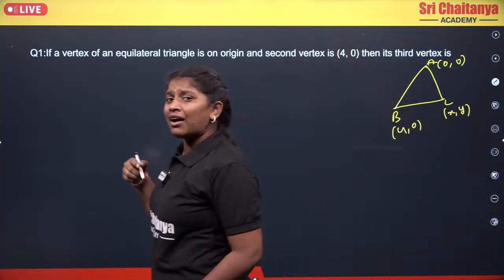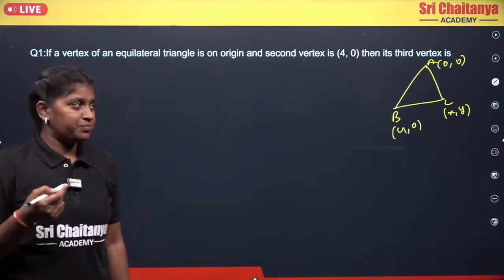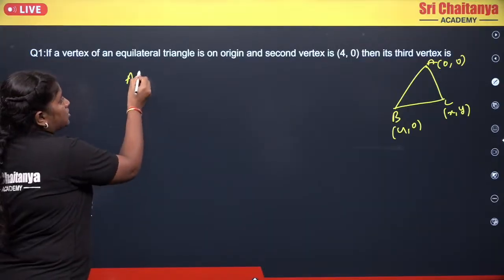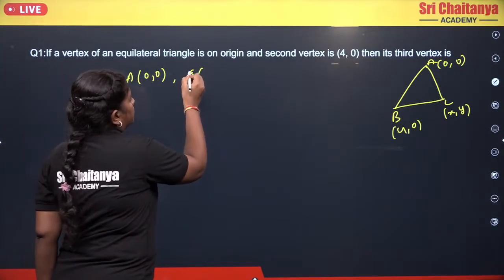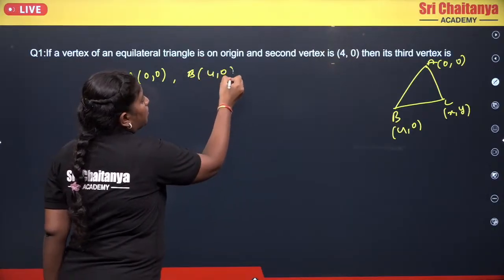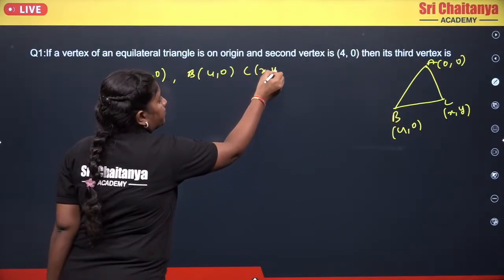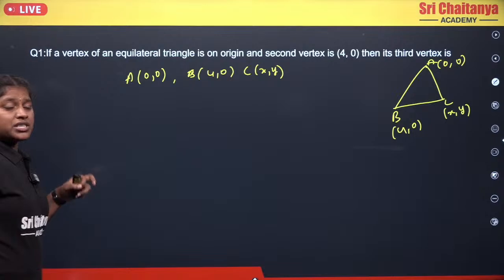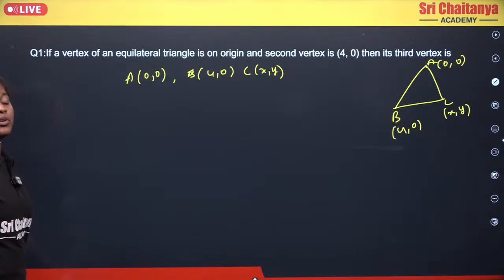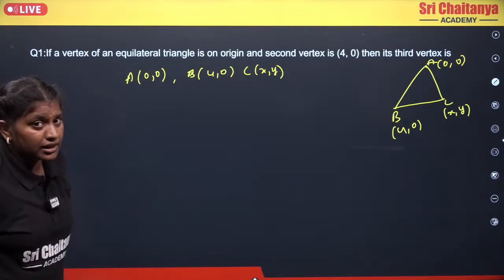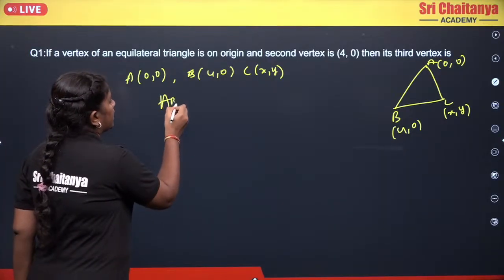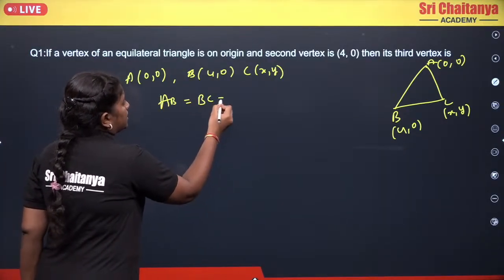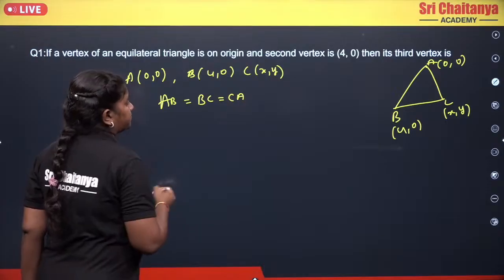Okay, so it is an equilateral triangle. It means all three sides are equal. So A is (0, 0), B is (4, 0) and C is (x, y). In the question it is an equilateral triangle, so we will use the property of an equilateral triangle, which is that all the sides are equal. So here AB equals BC equals CA.